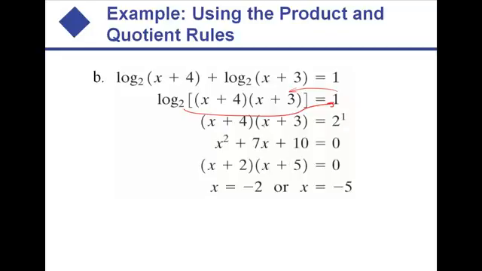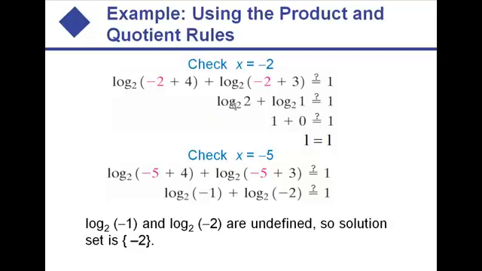They just skipped a step, because this would have been 12, and then you move the 10 over, that's why you get 10. Now try to refactor it so that we can solve. Get our two solutions here, -2 and -5. Check each of them. Plugging in -2 seems to work out okay. Plugging in -5, however, leads again to that problem of negatives inside the logs, so -2 is our only solution.